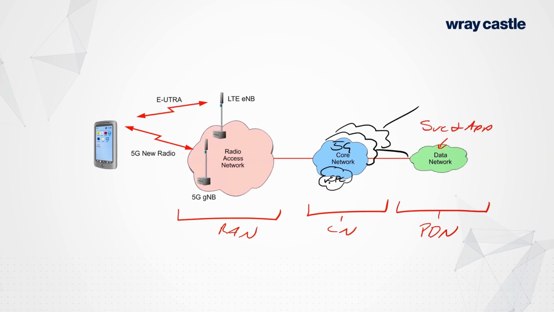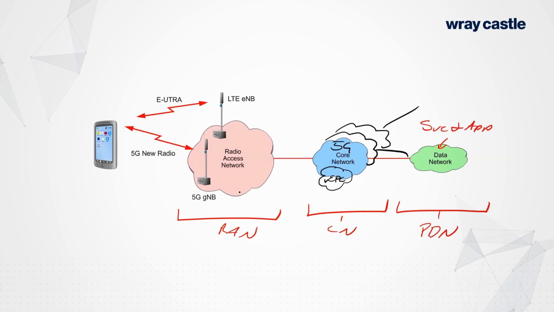So a vEPC. Now, you may already have some or all of your network considered to be a virtualized EPC. But to support the evolution through the various options that we're going to get to, at least one of those options requires that we're able to host a virtual version of the EPC in the 5G core network, such that we are able to support in the access network multiple and various and interesting forms of interworking or interoperability.